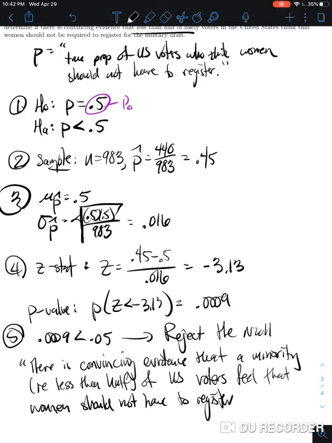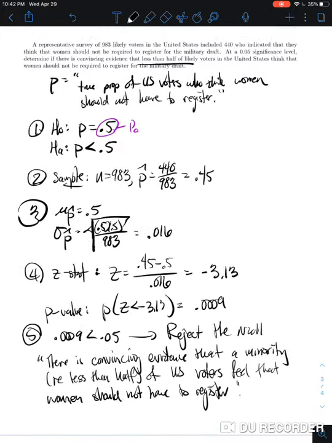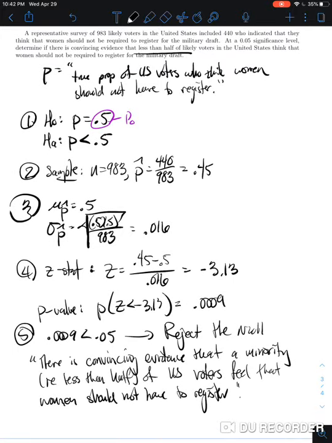So most people do think they should have to register for the draft, by this evidence. All right, so that's a left-sided hypothesis test.